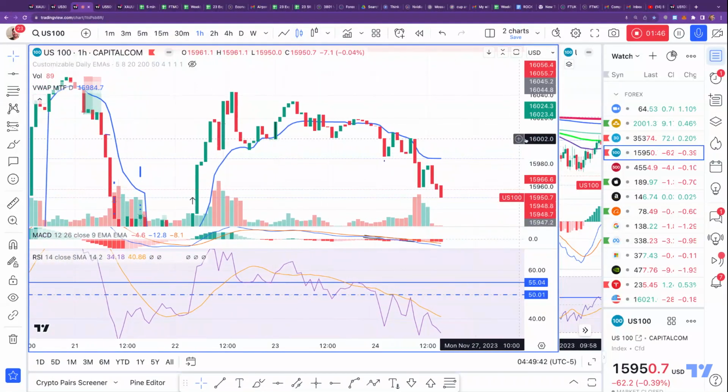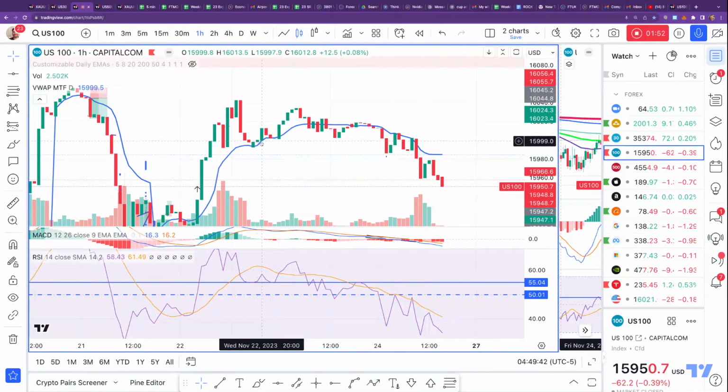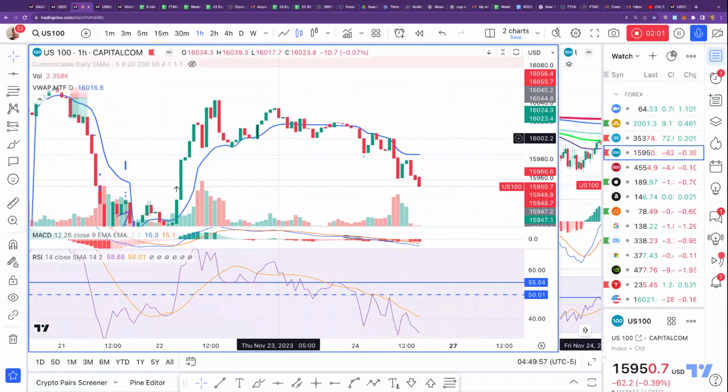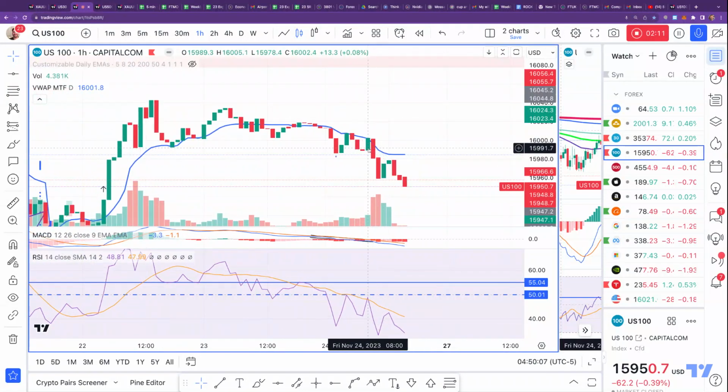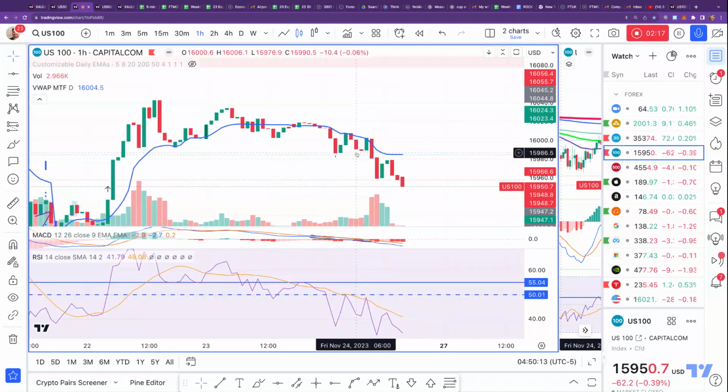Because I really don't trade in the middle of the night, this is midnight here. It's not really that much volume, so I'd rather trade when volume picks up. This is the New York session: 6 a.m., 7 a.m., 8 a.m., 9 a.m. These are when New York traders start to show up and place orders.